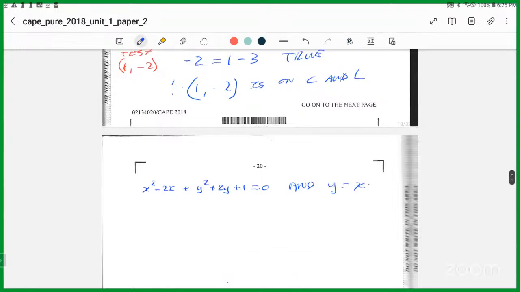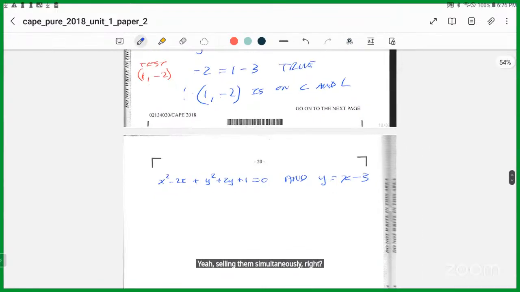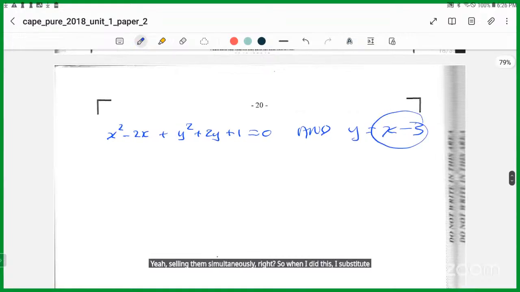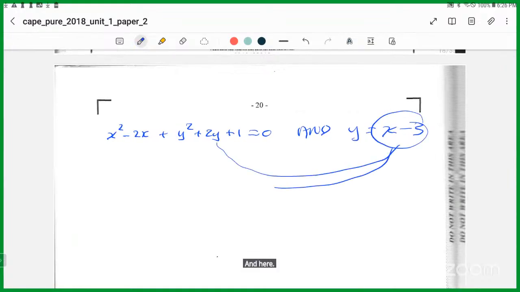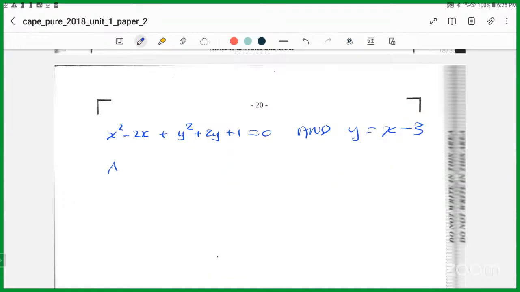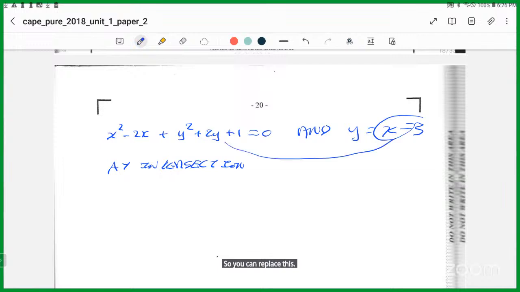You're solving them simultaneously, right? So you're going to take this and substitute it for the y. At intersection, the y here, here, and here are all the same.